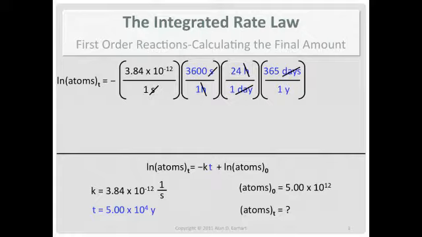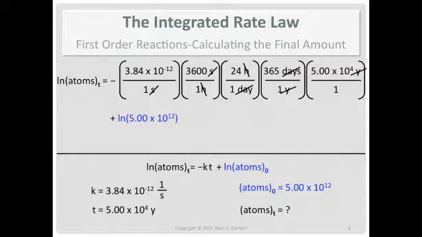So now we can throw in the time. There's our 50,000 years. And notice how the units all cancel. I'm going to bring that up again in just a moment. That's very important though. And we're still missing something. We need the natural log of the initial atom count.